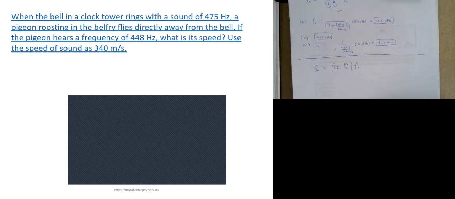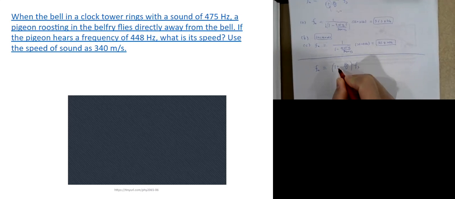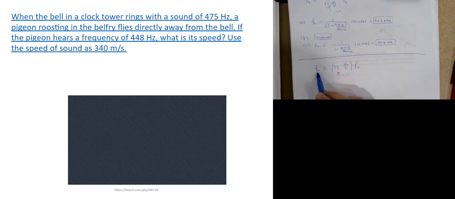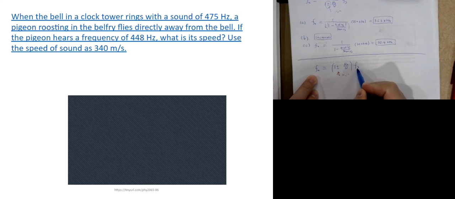All right. So let's take a look here. It says the pigeon flies away, so in that case the frequency heard will become smaller. So again, you'll take a negative sign here. Then you are given the frequency heard by the pigeon, the frequency given out by the bell, and the speed of sound.